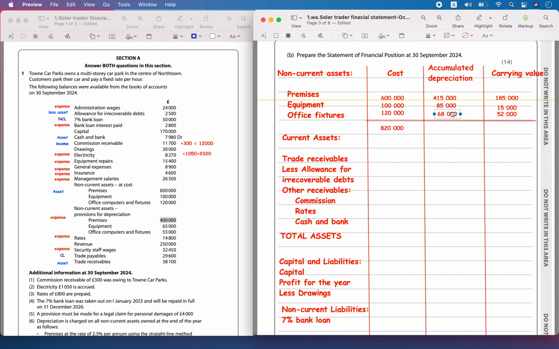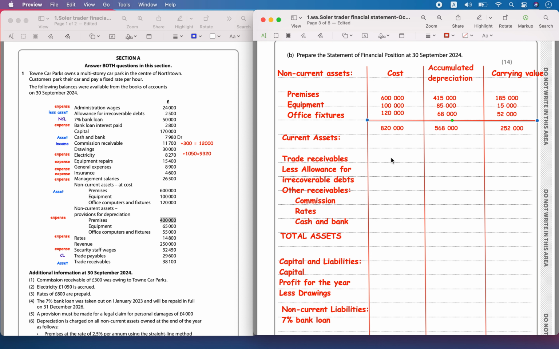Then let's add up these values: 415 plus 85 plus 68 is 568,000. Then you have 185 plus 15 plus 52, and that value is going to be equal to 252,000.